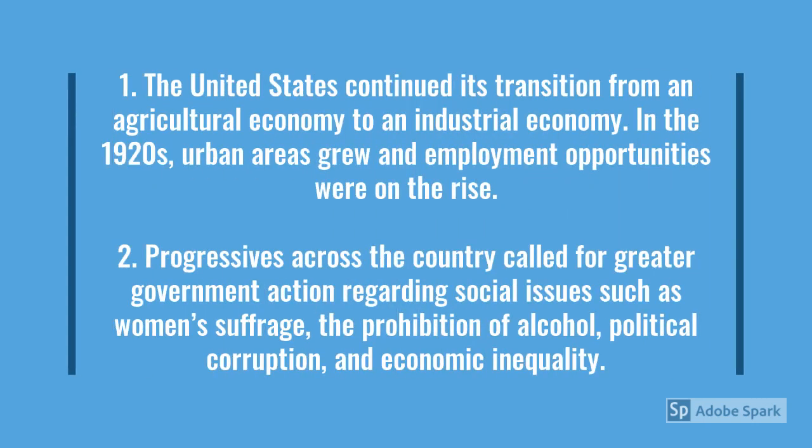So once again, just to cover the two main points that we covered today in part one: the United States continued its transition from an agricultural economy to an industrial economy. I talked about the Model T Ford and the assembly line. I would suggest that you do some more research into this first point.